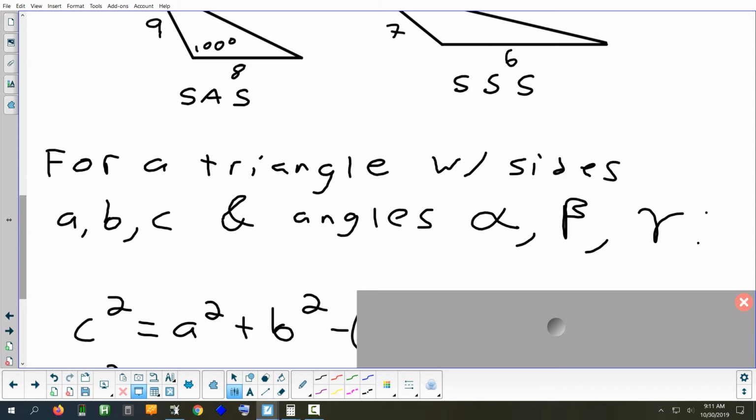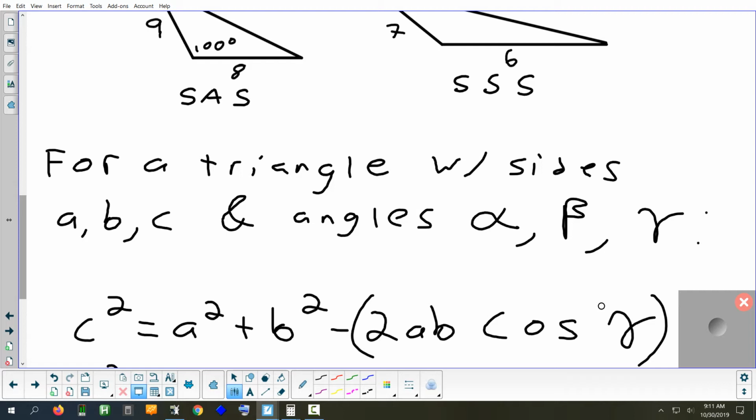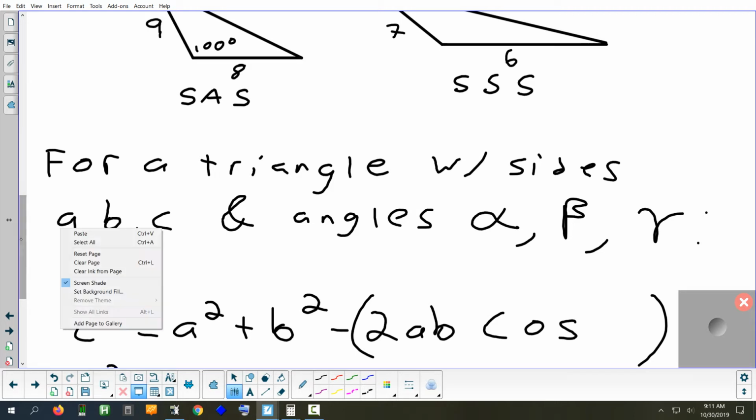And the adjustment is you have to subtract something. Here's what you have to subtract: 2 times the letters you have right here, so in this case, an A and a B, times the cosine of the angle across from the letter you started with.